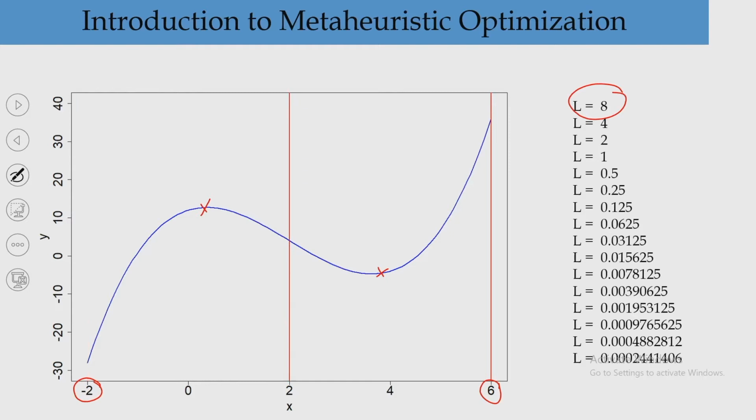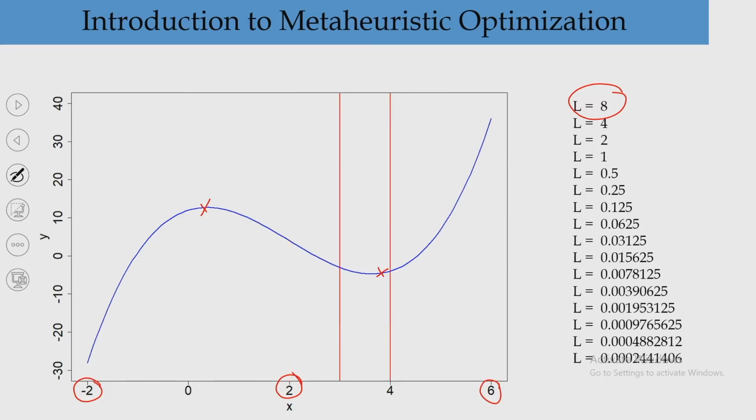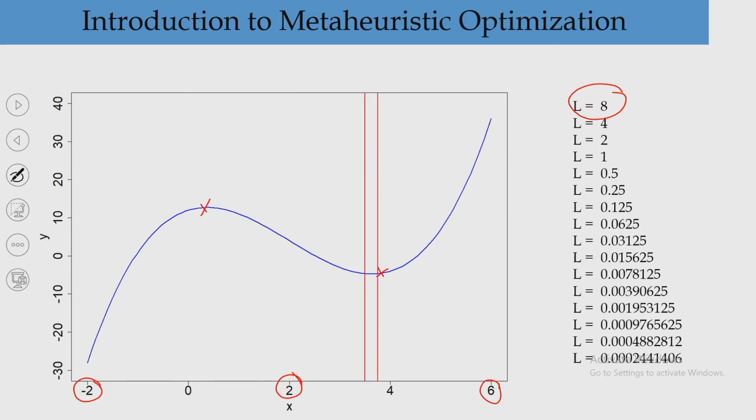Then after one iteration, I am getting 2 and 6. And if I continue this, then finally I will get the solution somewhere here. So, this is the optimal solution of this particular problem. This is your X star.